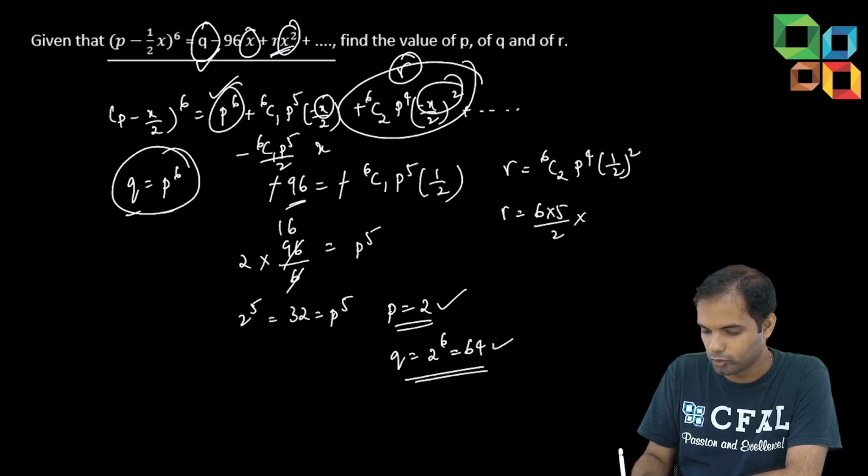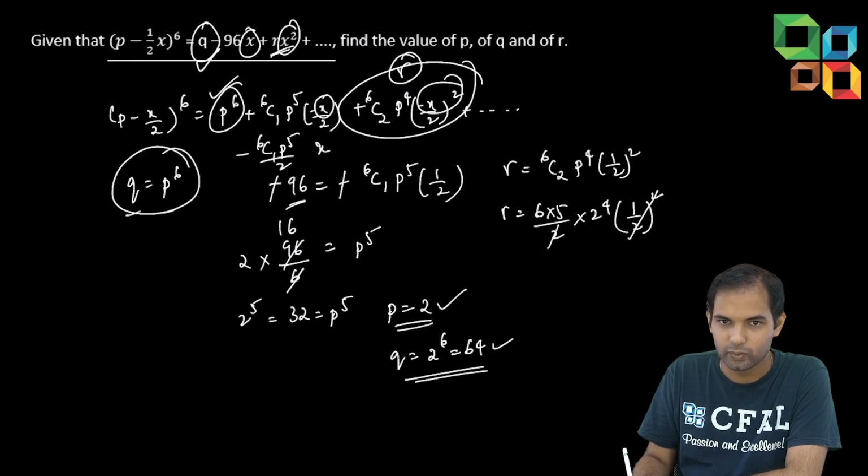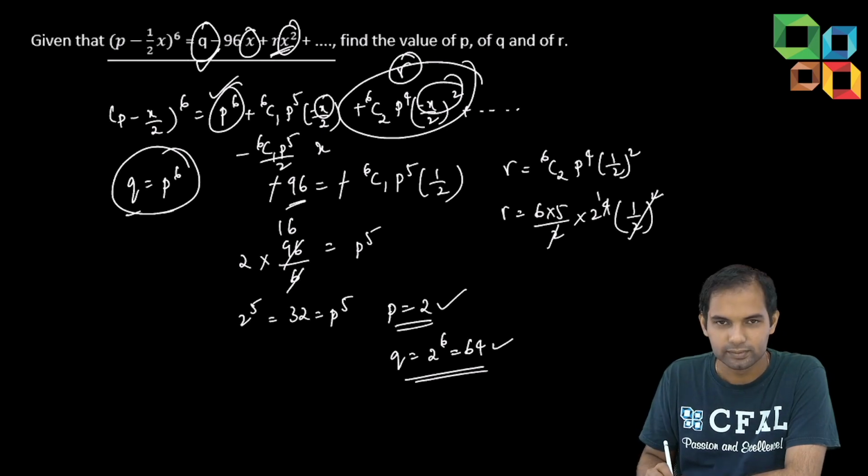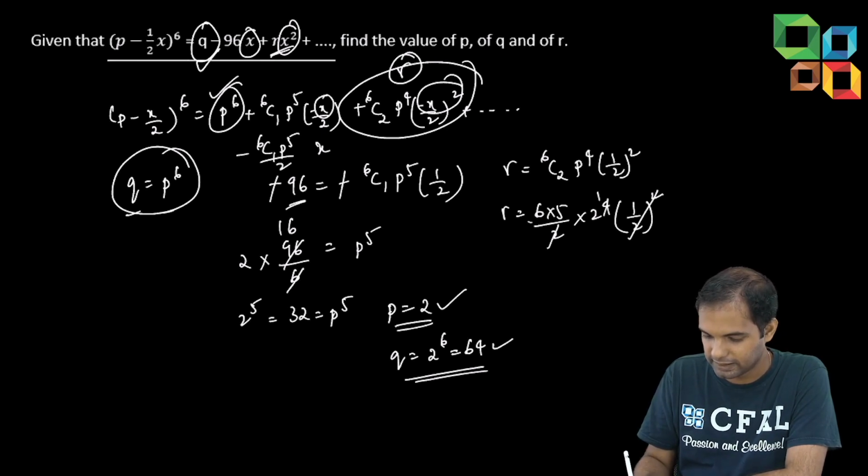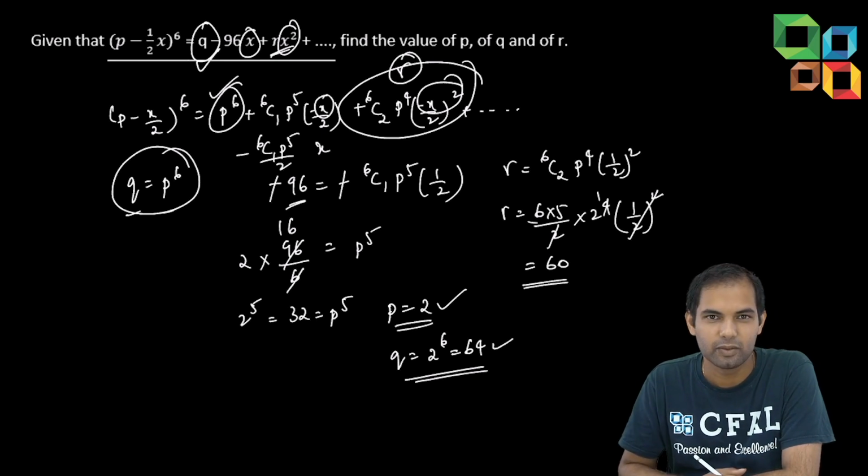P we already know is 2, so 2 power 4. Okay. So this is half square. So you can directly cancel this half square and this 2 power 4, so a total of 2 twos have cancelled. So 4 minus 2 is 2 power 2. Okay. Remaining is 15. 15 into 4 is 60. So R is nothing but 60.